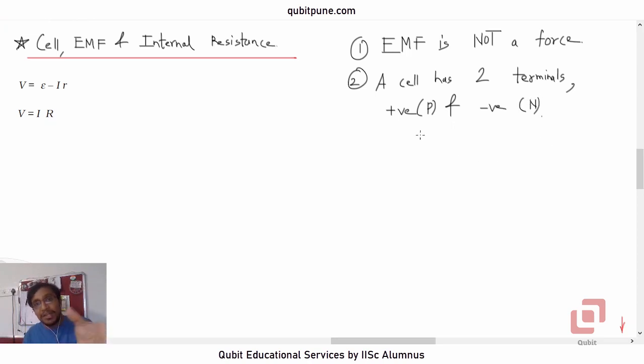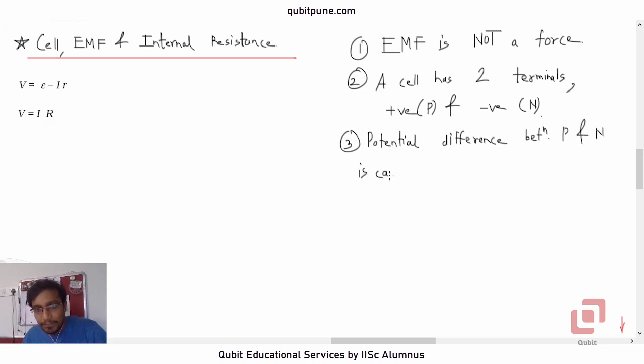The potential difference between the two terminals, between P and N, is called the terminal potential difference.